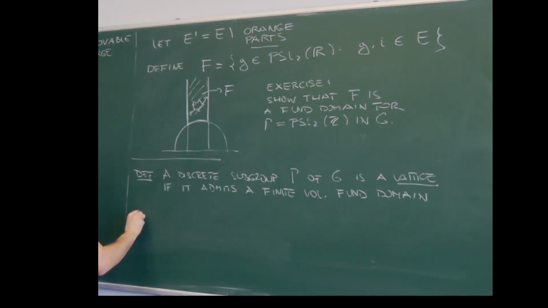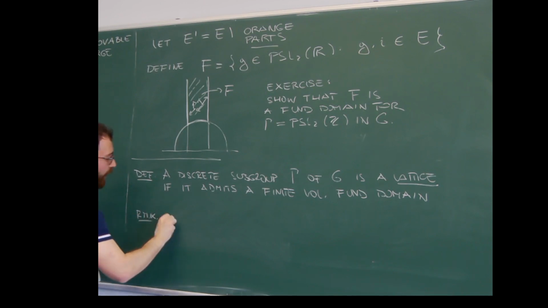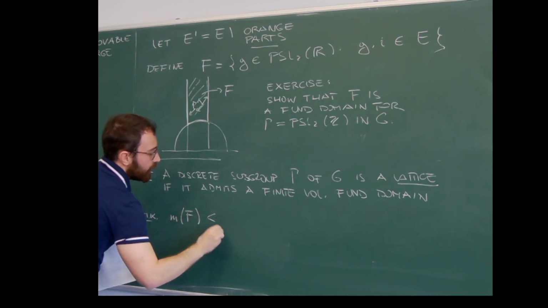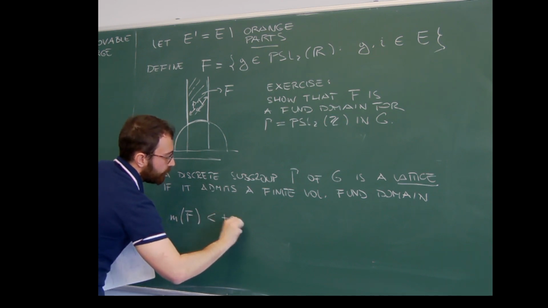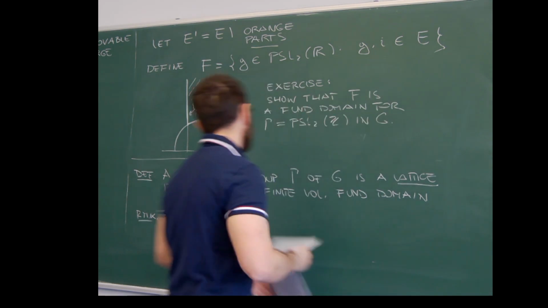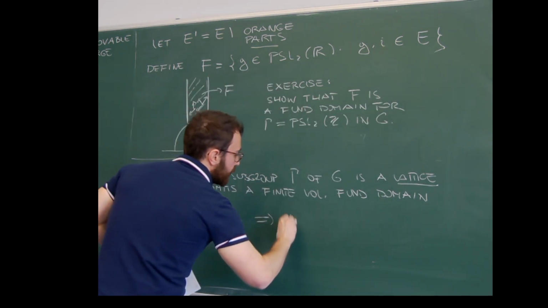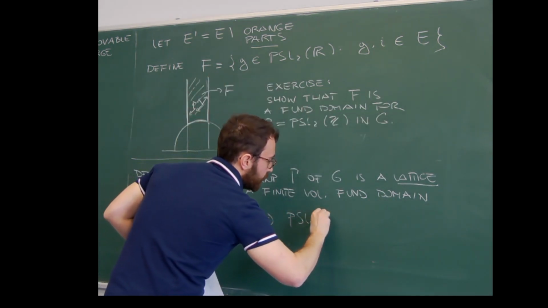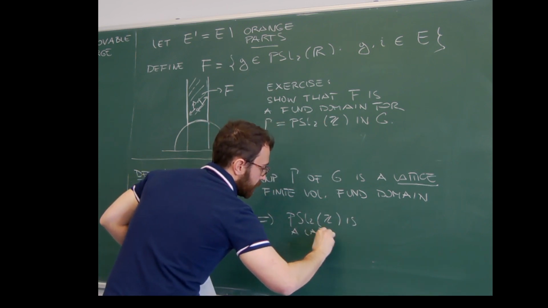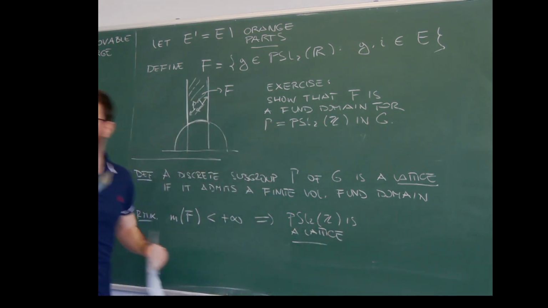And remark, the hyperbolic volume of the set F is finite. And this follows immediately from the fact that the hyperbolic area of E is finite. And this tells you that PSL2Z is a lattice. Okay?